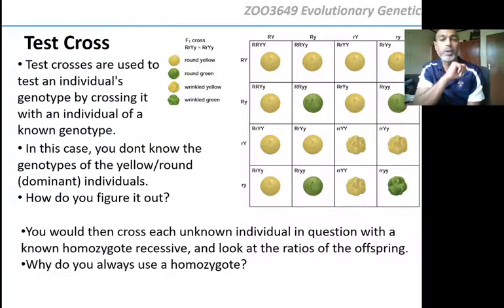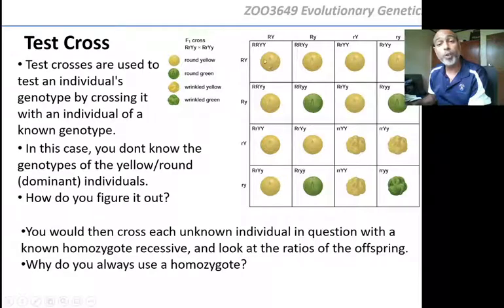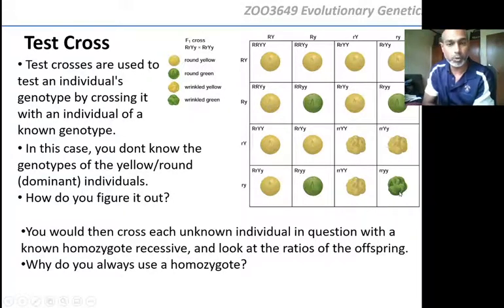In other words, say it was this one you didn't know, and then you used this homozygous recessive to mate with it. The offspring between this one and this one, not one will be green, not one will be wrinkled. All of them will be round and yellow. Why? Because all of them will be big R, big Y, small y.